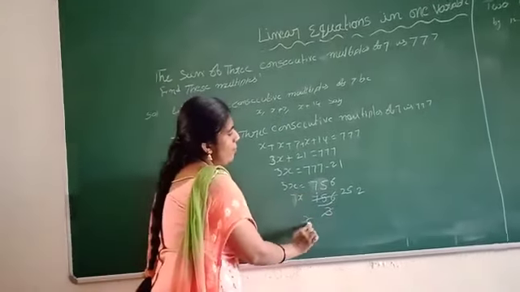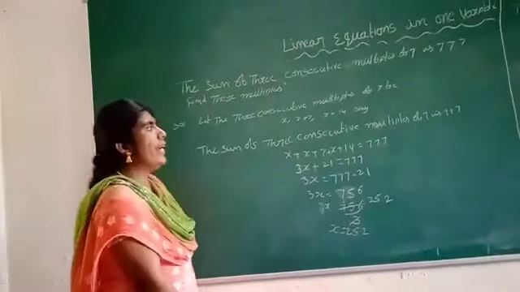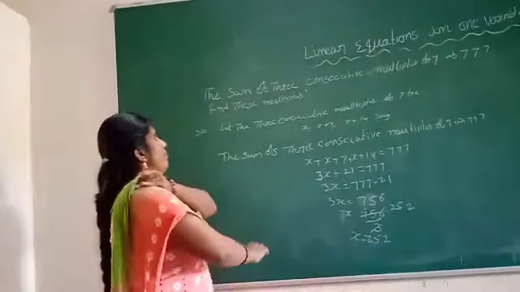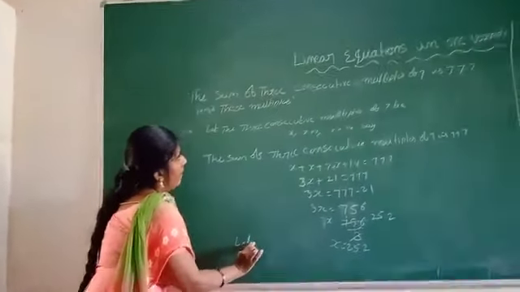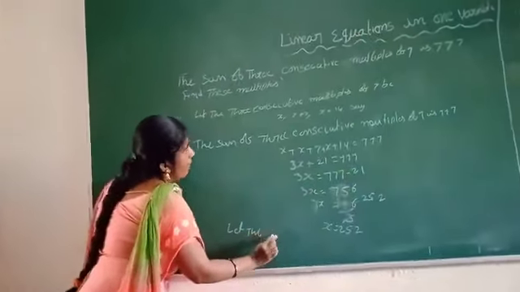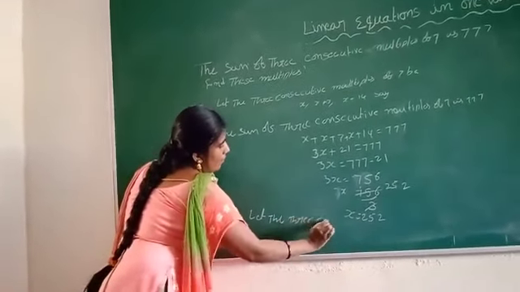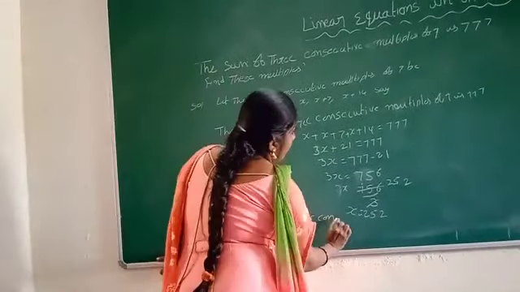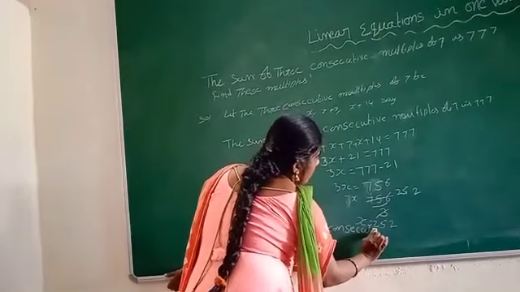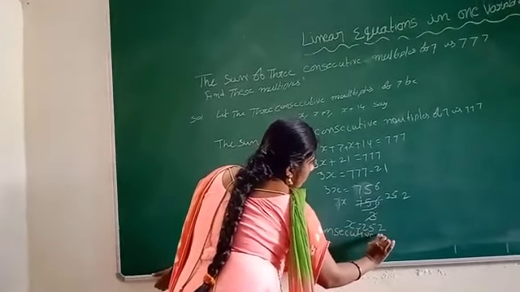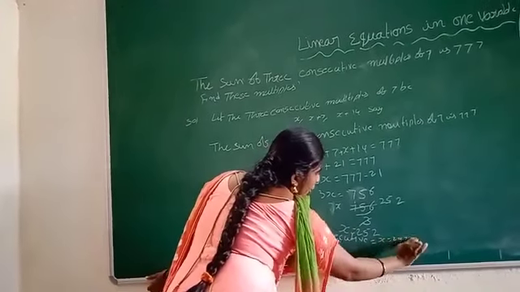X equal to 252. Let the three consecutive numbers be: x equal to 252.